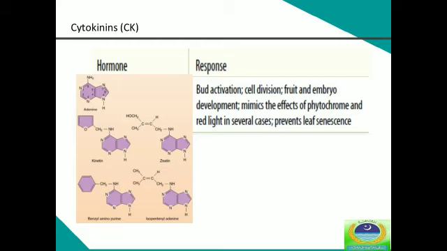The important plant responses to cytokinins are bud activation, cell division, fruit and embryo development, to mimic the effects of phytochrome and red light in several cases, and to prevent leaf senescence.